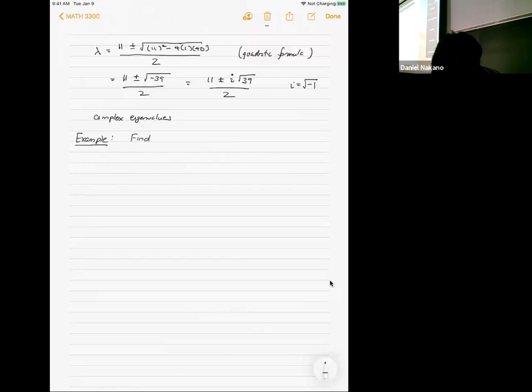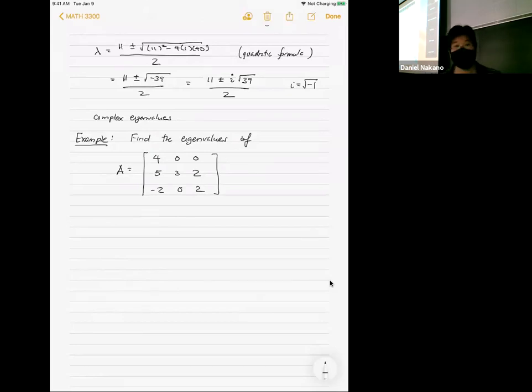Find the eigenvalues of the following matrix, and that's A equals 4, 0, 0, okay, 5, 3, 2, and minus 2, 0, 2. Okay, so not quite lower triangular.